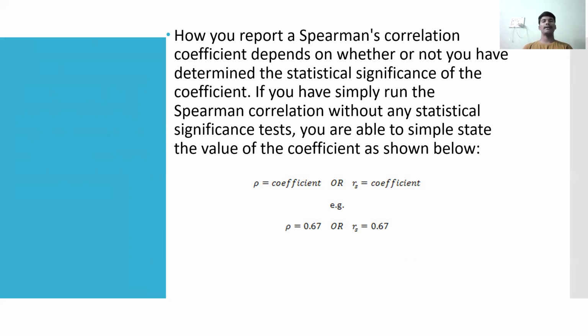If you have simply run the Spearman correlation without any statistical significance test, you are able to simply state the value of the coefficient as shown below. Means rho is equal to coefficient, or rs is equal to coefficient. Example, rho is equal to 0.67 directly implies rs is equal to 0.67 according to the above condition.